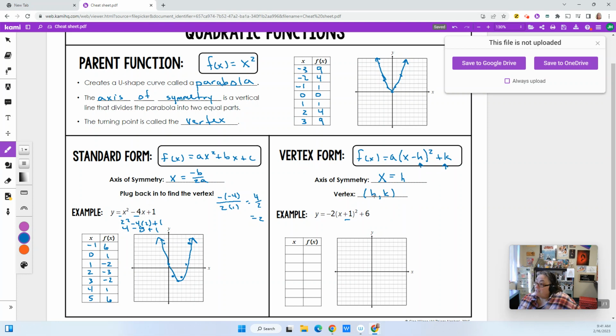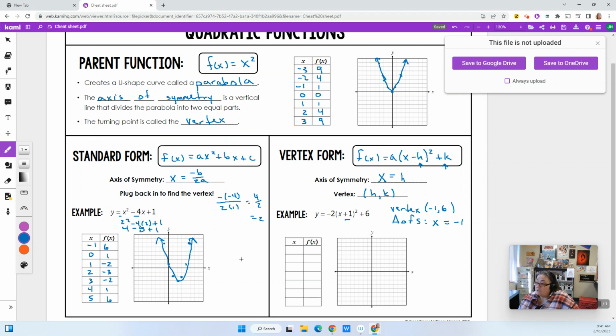So if I am looking at this equation that we're given, I know that the vertex is going to be negative 1, 6. The axis of symmetry is always just the x value of the vertex. So it's going to be x equals negative 1.